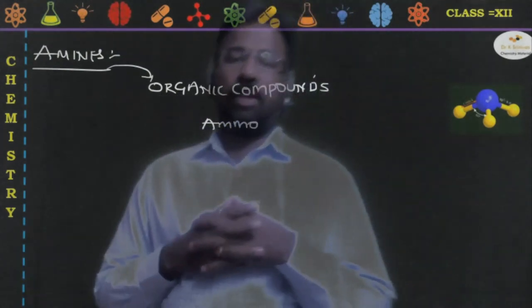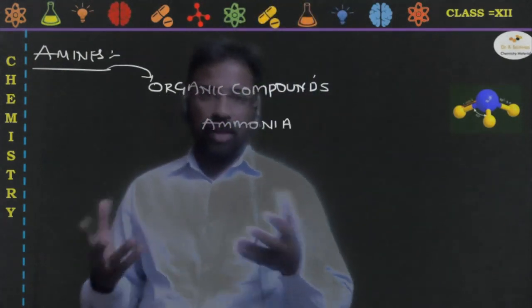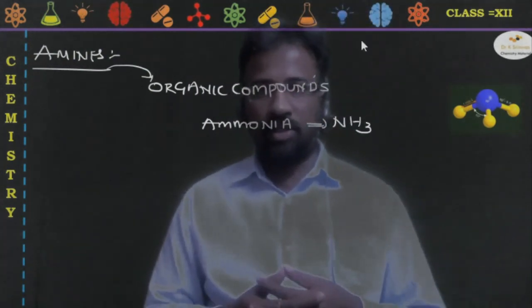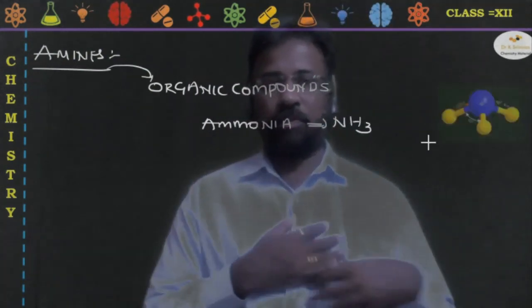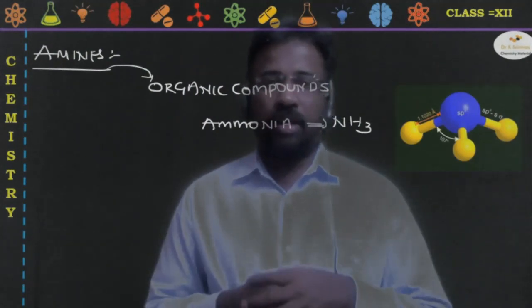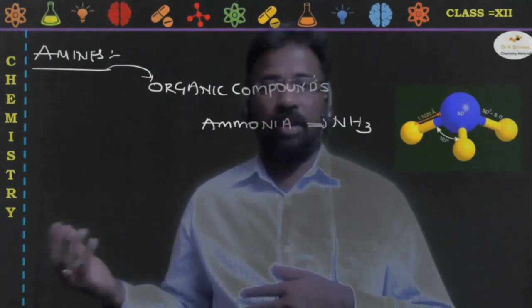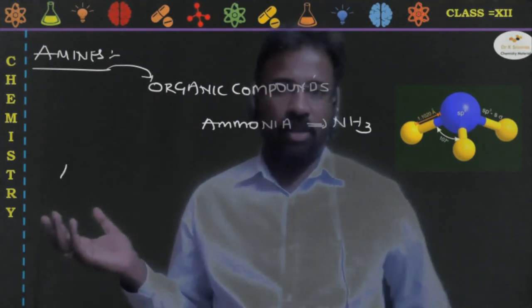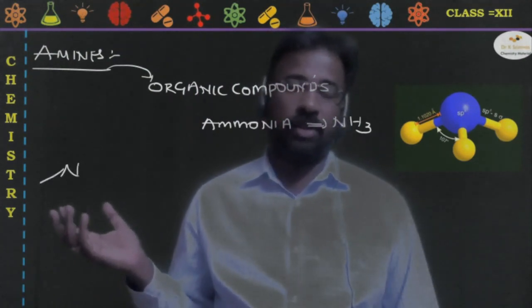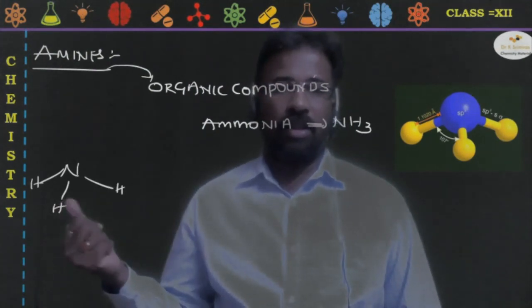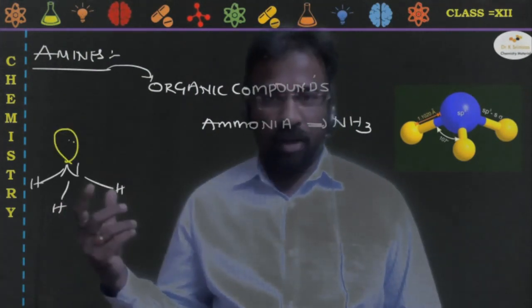Here we are taking ammonia. Ammonia is nothing but the formula NH3, as you are very much aware. Here we have nitrogen, which has three hydrogens and one lone pair also. You can clearly see three hydrogens and one lone pair.